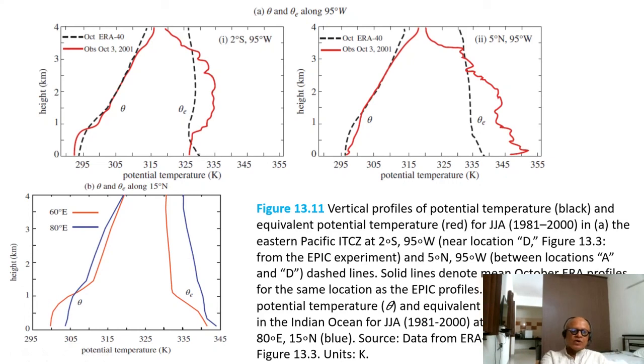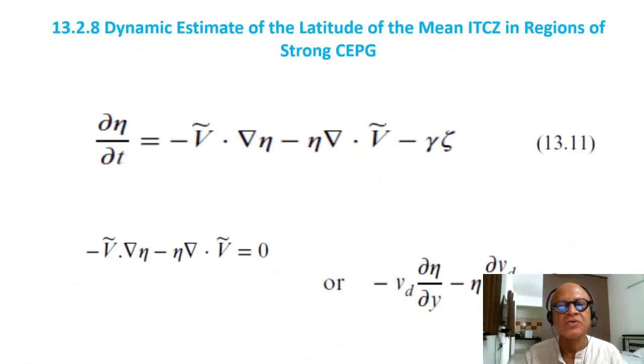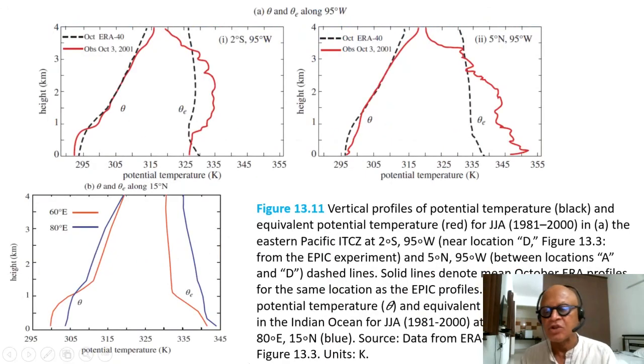To drive across this static stability, you will need a shear of something like 50 meters per second, I think. That's the number that you can look up in the book, but basically we are still making the same point, that in the Indian Ocean you don't have inertial instability because the static stability is too strong.